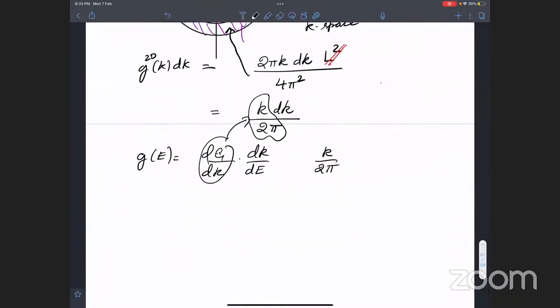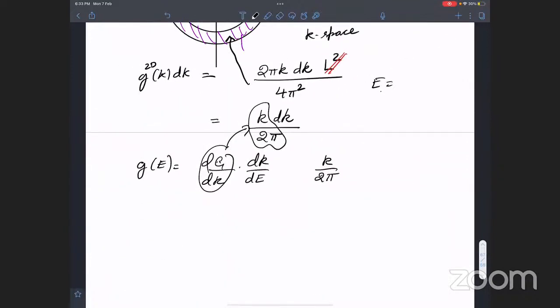how much? We have already done it, but let me do it again. E is equal to ħ squared k squared by 2m. dE is equal to ħ squared by 2m into 2k dk.